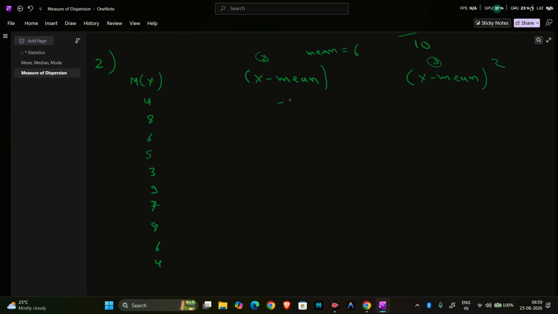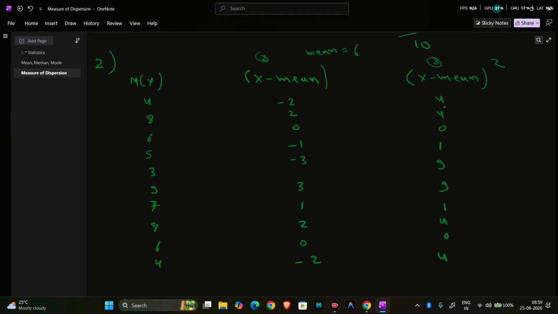Okay, we will get minus 2, 2, 0, minus 1, minus 3, 3, 1, 2, 0, minus 2. Now we will square this: 4, 4, 0, 1, 9, 9, 1, 4, 0, 4. Okay, so this value we will get. So this will be x minus mean and this will be x minus mean square.